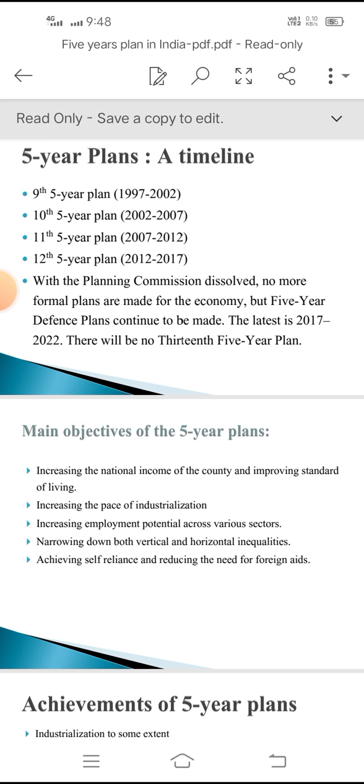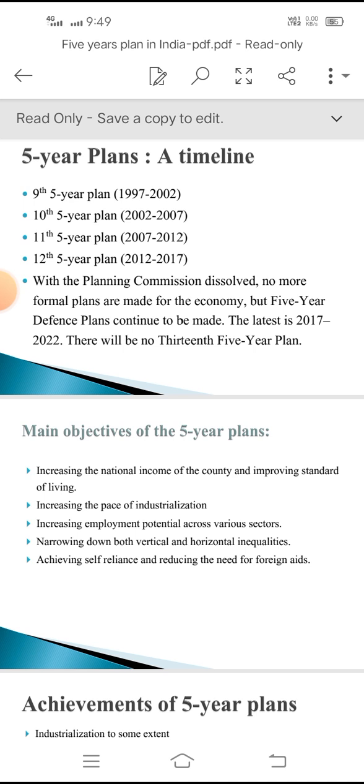Now the main objectives of the 5 year plans are increasing the national income of the country and improving the standard of living, then increasing the pace of industrialization, increasing the employment potential across the various sectors, narrowing down both vertical and horizontal inequalities, and achieving self-reliance and reducing the need for foreign aid.